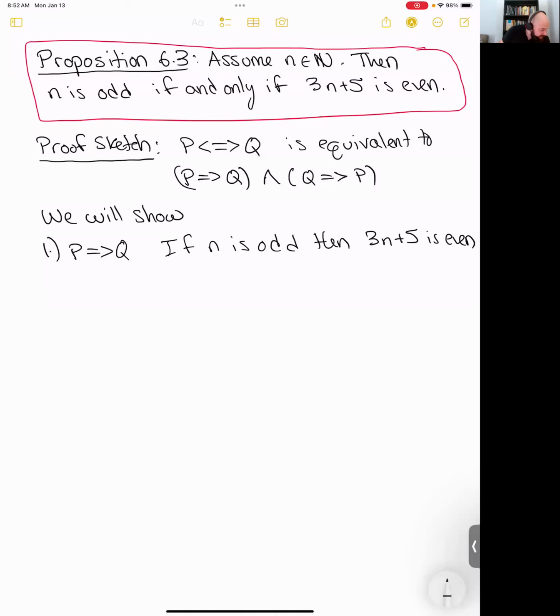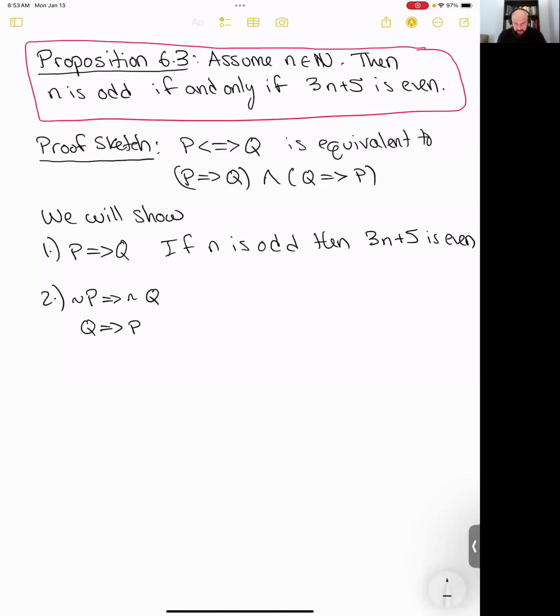So that's going to be our first thing. And then the second one, we're going to show that not P implies not Q, which is the contrapositive of Q implies P. You have to be careful here. We're supposed to show P implies Q. We're going to do that directly. And then the backwards direction is Q implies P. We're going to do that by contrapositive.